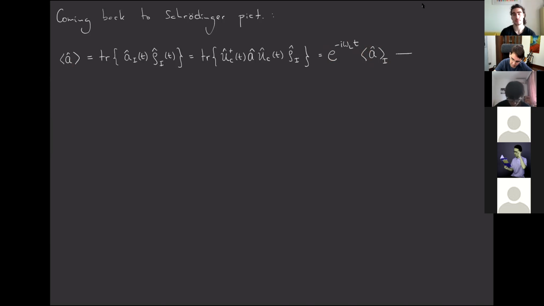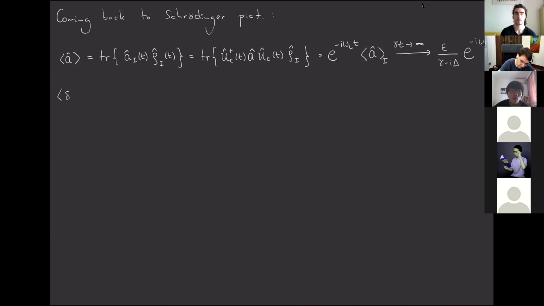So of course, this means that when time goes to infinity, so when gamma t goes towards infinity, this becomes just the expectation value that we found in the intermediate picture times the rotation. Okay, that's the real expectation value of the state in the Schrodinger picture.